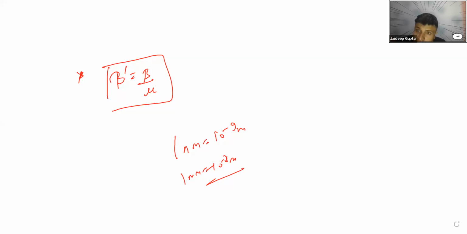Laser light of wavelength 630 nanometer is incident on a pair of slits and produces an interference pattern in which bright fringes are separated by 8.1 mm.